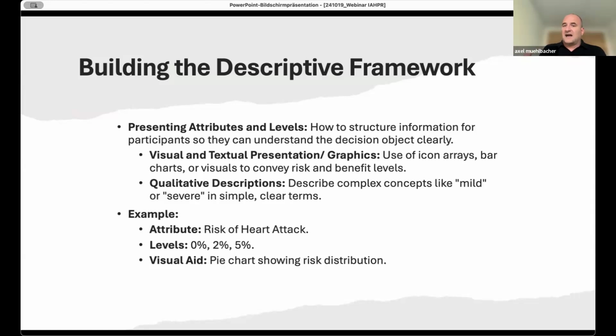So the question here is how to structure the information for the participants of the study so that they clearly can understand the decision object, which is then built on the attributes and levels. And these attributes and levels then further can be defined and represented by graphics or icons or risk grids.